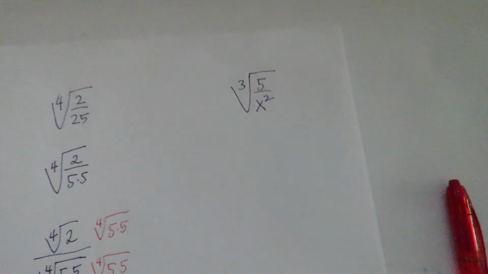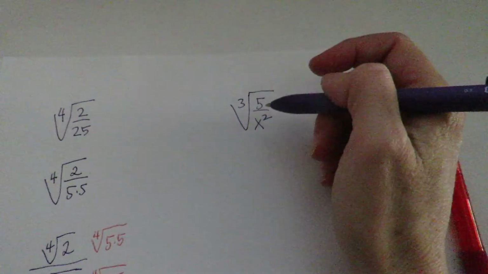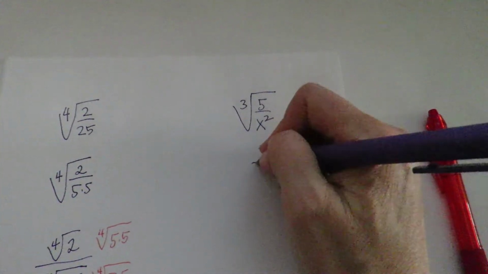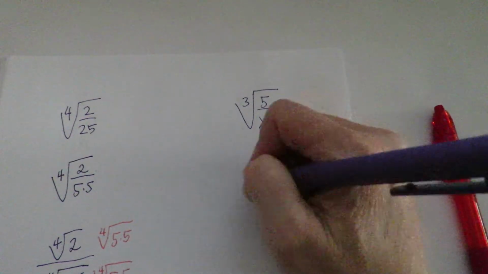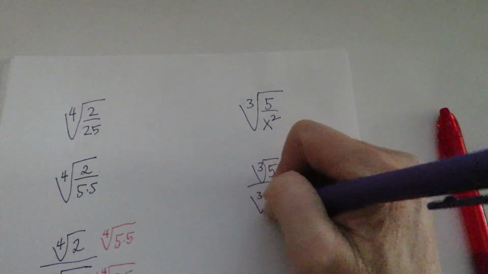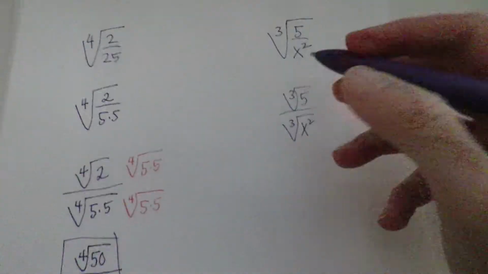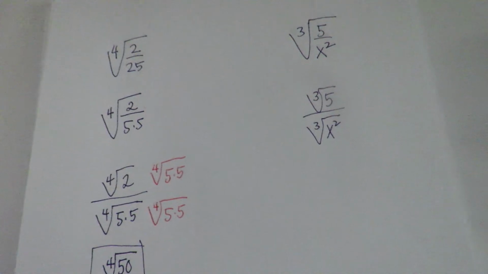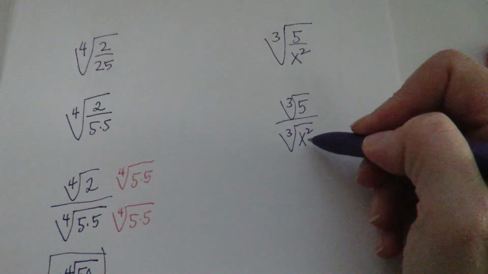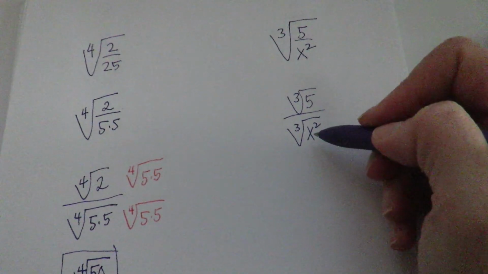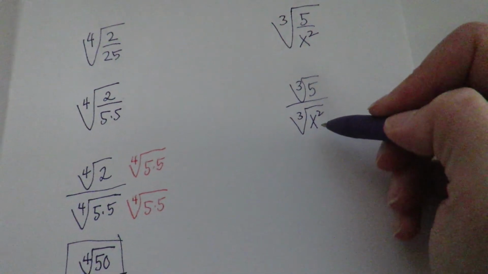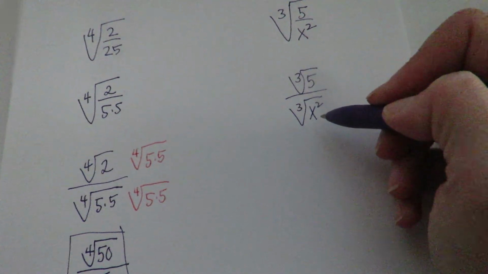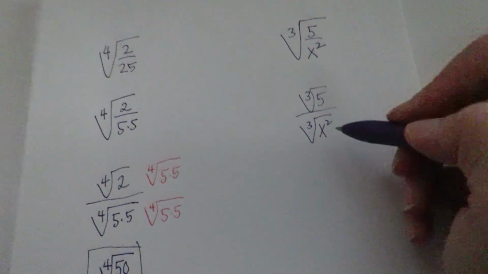Okay, so let's do the same concept here, but with variables now, and then we'll mix them both together. So right now, you're trying to get rid of the cube root in the denominator. Cube root means you need 3 of something. So how many x's do we have so far? Okay, we have 2 x's so far, right? So how many do we need? You need 3 x's, right?